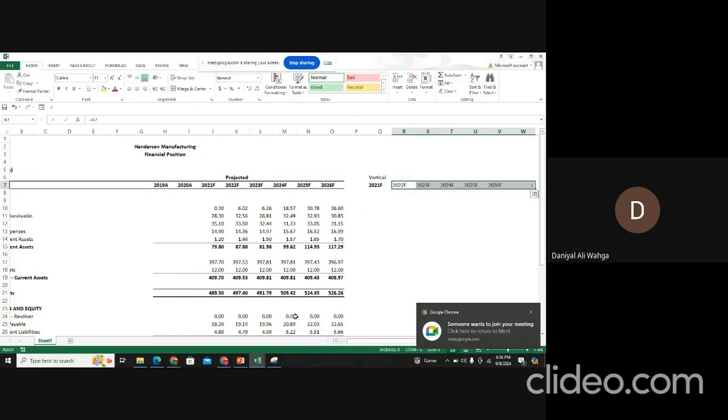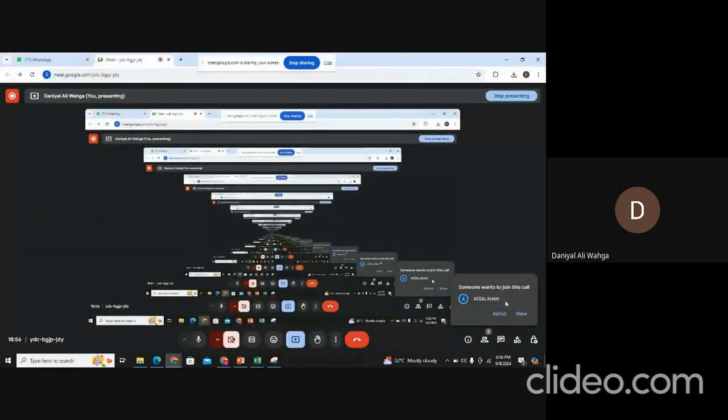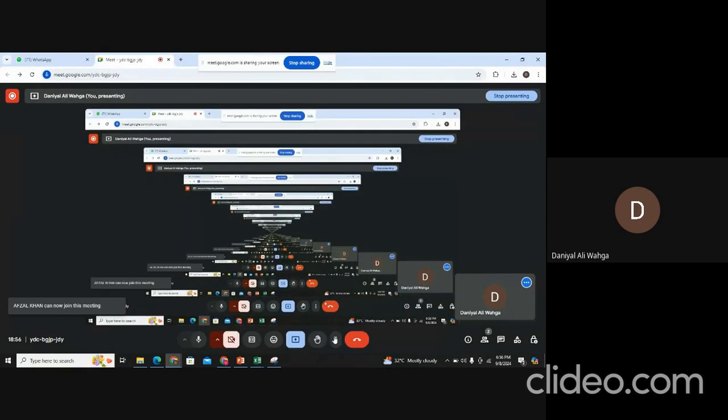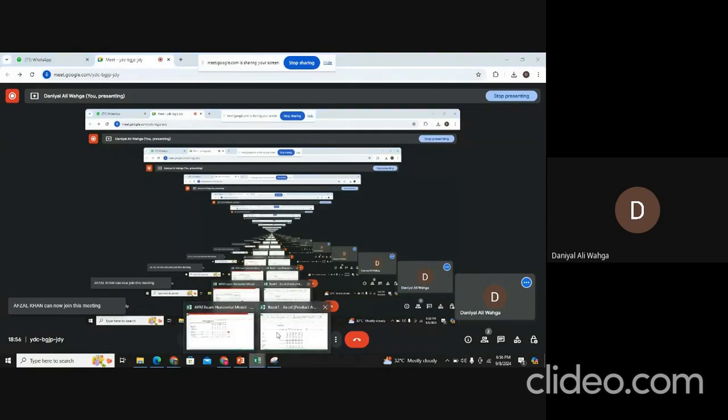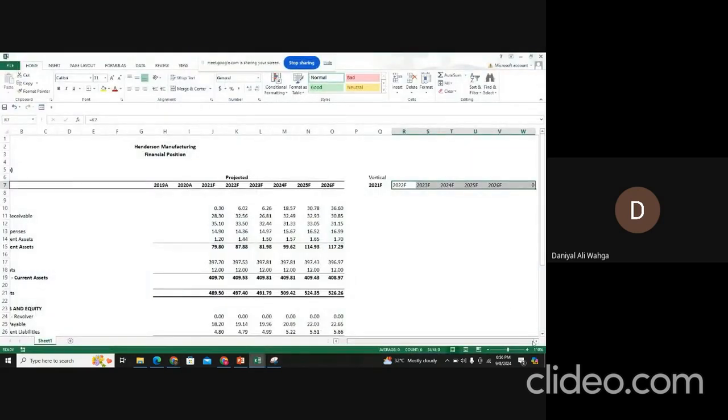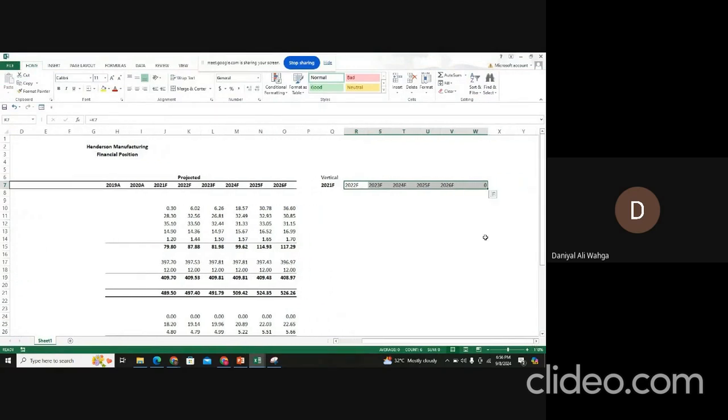Control R. Formula working. You can see till 2026 it has been working very well.